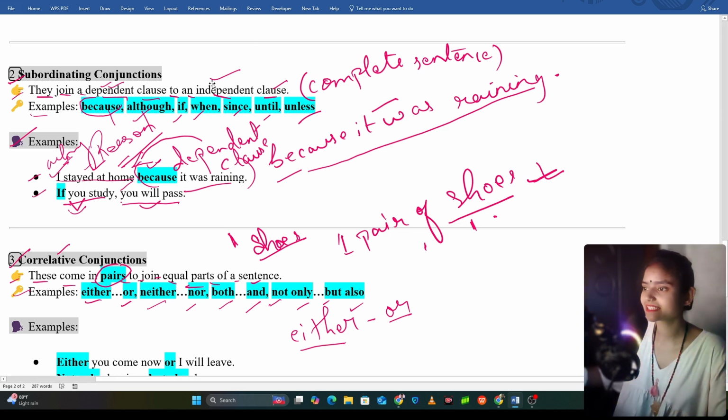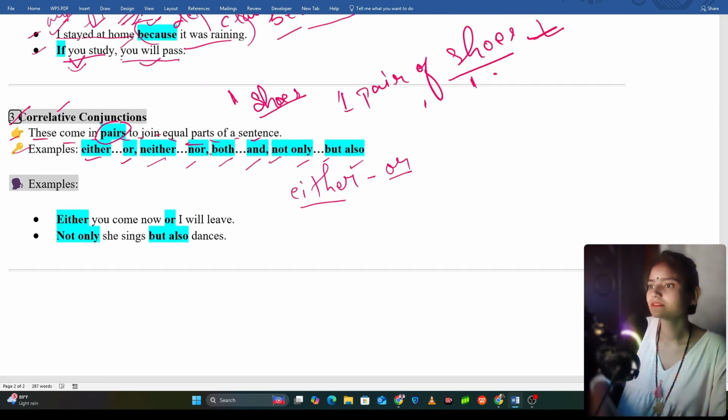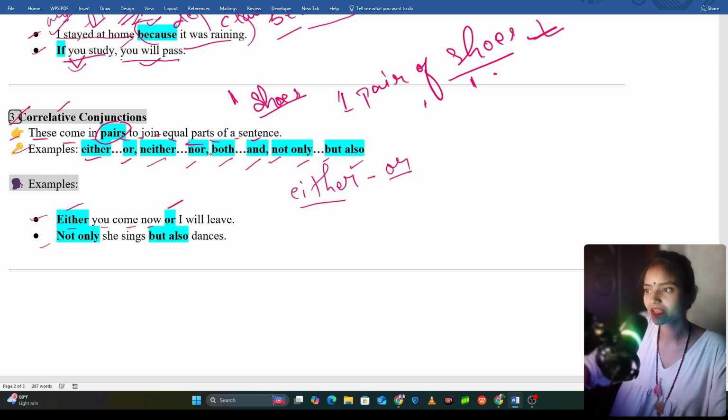So let's see the examples. Either you come now or I will leave. Now can you see this pair? It is working in equal parts. Yes or no? Now see the next example.